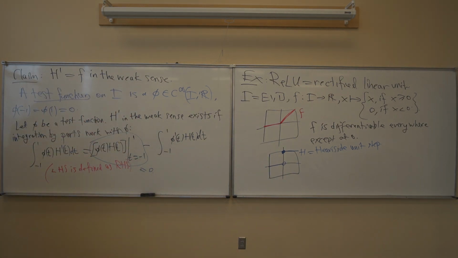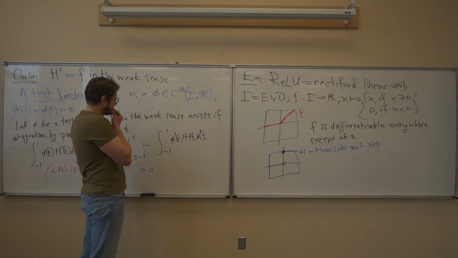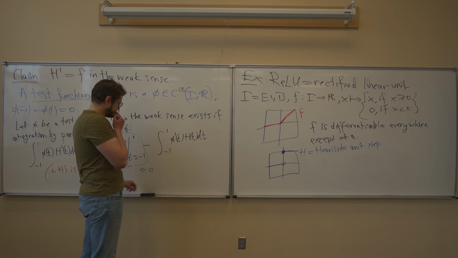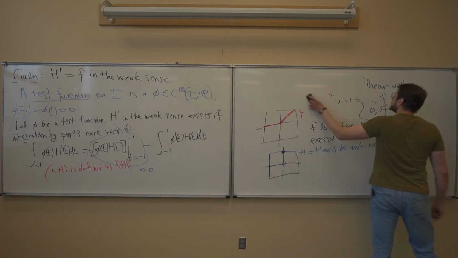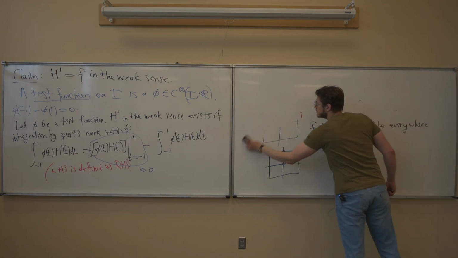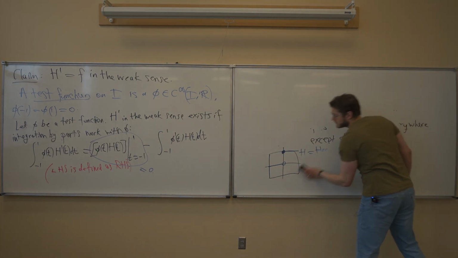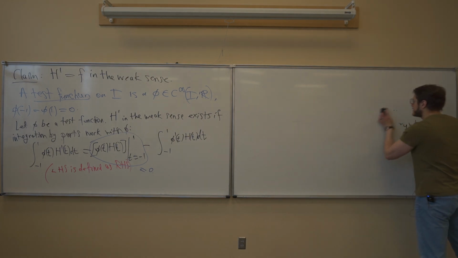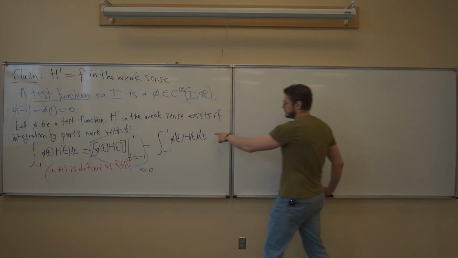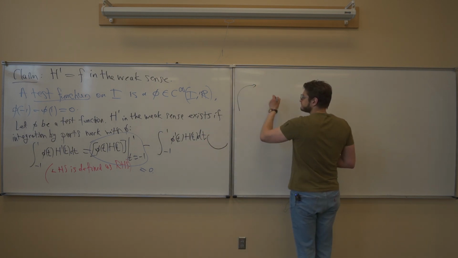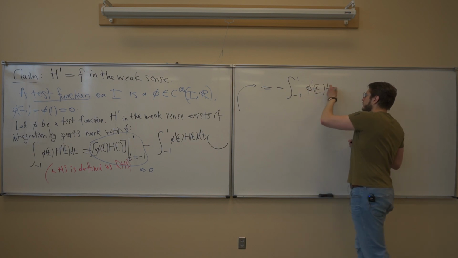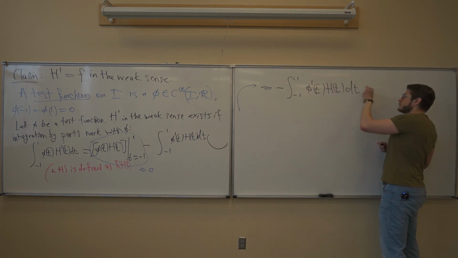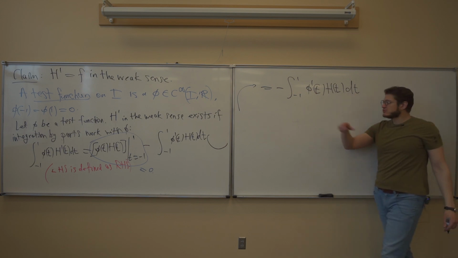Now I need to figure that out. Okay. So continuing from here, h of t is 0 for t negative.